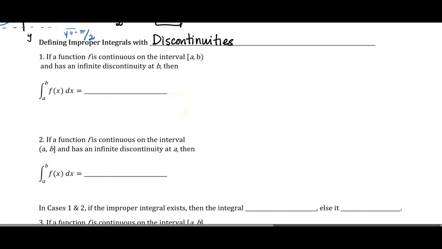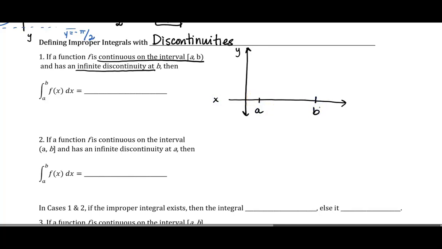So in this first case, we're saying that the function is continuous on the interval a to b, closed on a, open on b, with an infinite discontinuity at b. So let's see what that looks like. Let's say A is here and B is here.